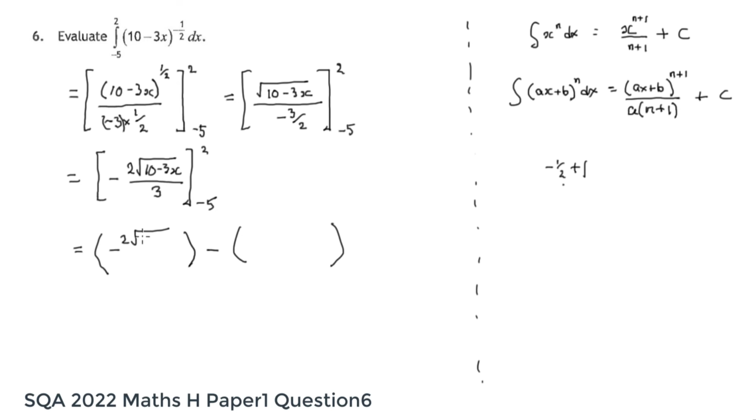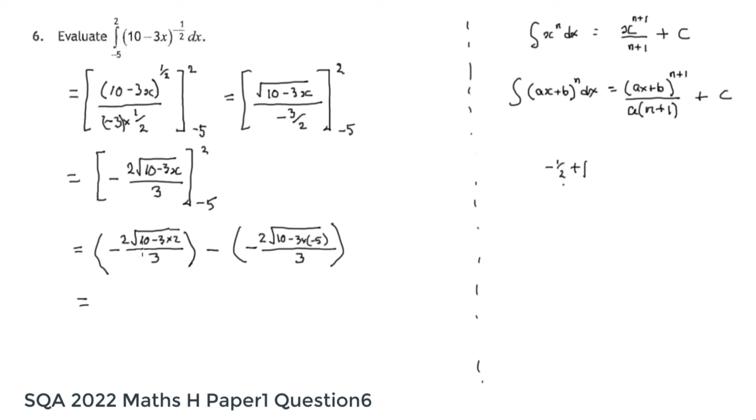So it's square root of 10 minus 3 2's divided by 3. And let's plug in the negative 5. So it's negative 2 lots of square root of 10 minus 3 lots of negative 5. And that's divided by 3. So we're making progress. We've done the substitution. And let's see what happens now.